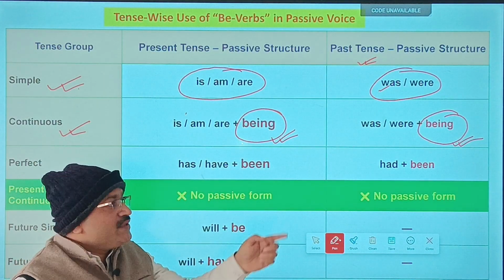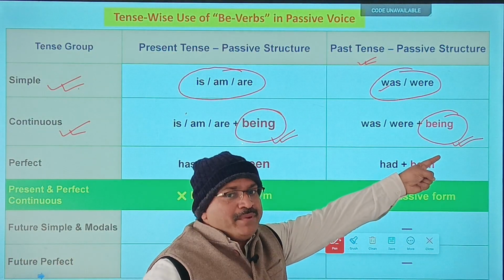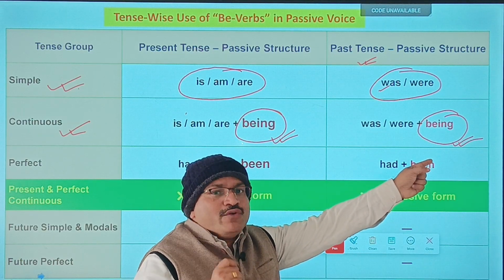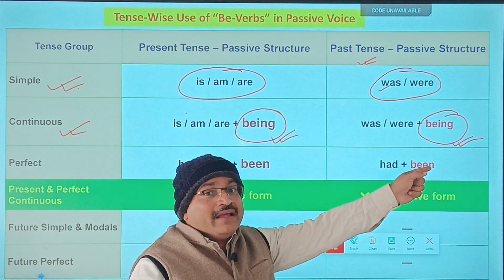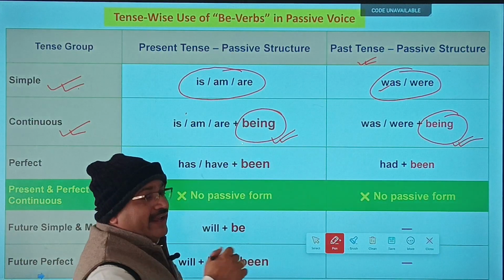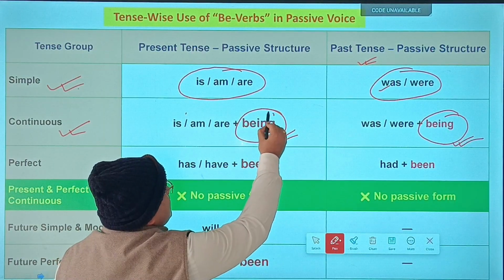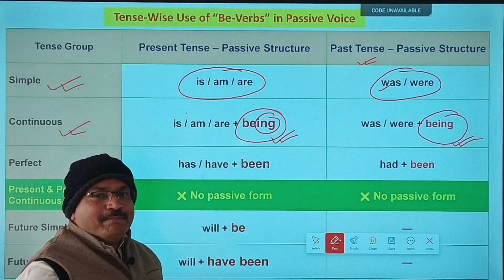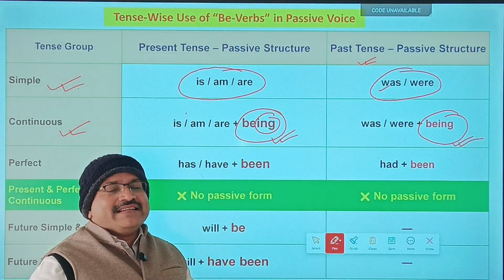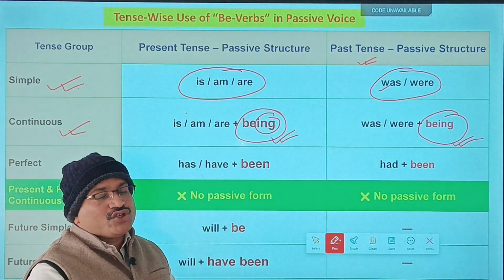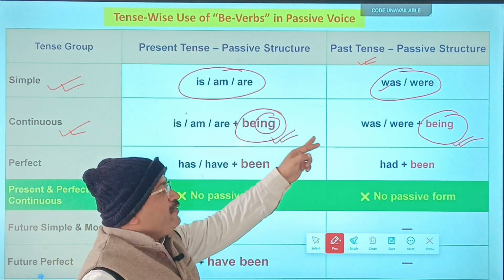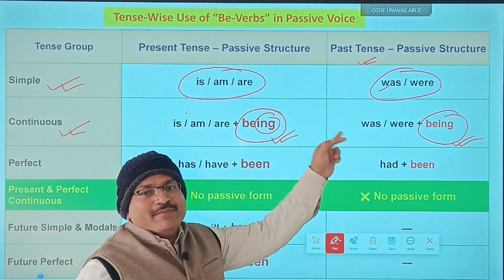When past continuous, was, were plus being. Being you have to remember. If you don't remember, then like this, in continuous tense we use ing, so be plus ing, being. So when the sentence is in present or past continuous, we'll add being with the helping verbs.